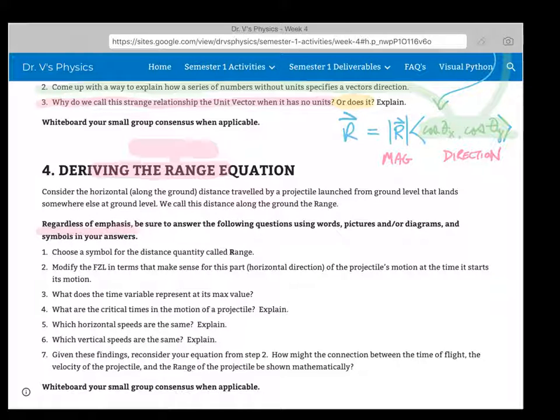So choose a symbol for the distance quantity called range. Anybody want to venture what the symbol for range is? Well, what would be a nice letter to choose for range?